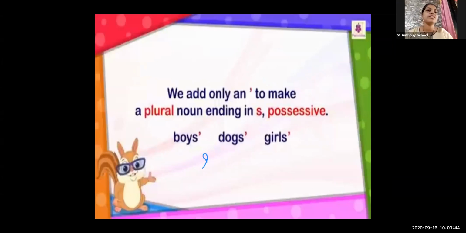So what is the difference? When we talk about the singular noun, we add apostrophe and s. But when we talk about the plural noun which ends with s, remember the word is ending with the s. They are plurals. You can see boys, not one boy. There are many boys there. So when we talk about the boys, only the apostrophe is given after this.